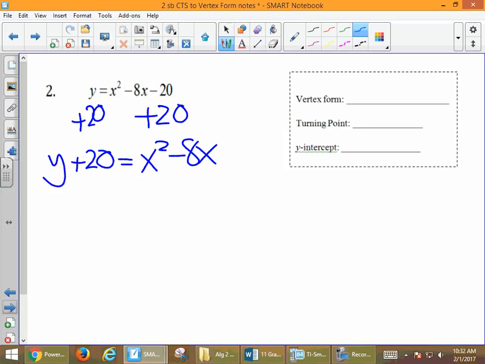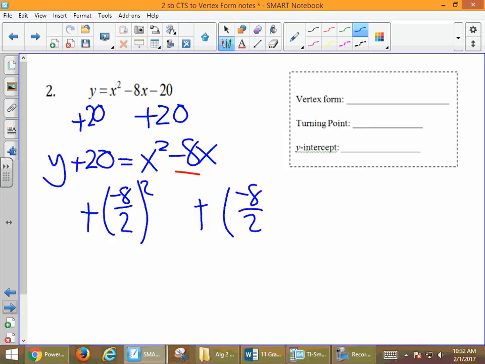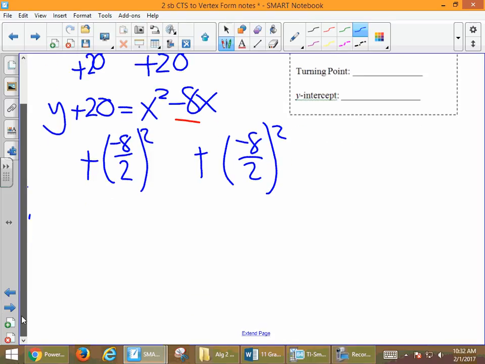So we want to add our b over 2a squared to both sides, which is, in this case, our b is negative 8. So we're going to add negative 8 over 2 squared to both sides. So now we have y plus 20 plus, what is negative 8 over 2?